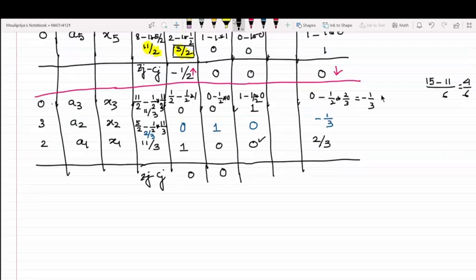Third column, 0. And here we have 4/3 minus 1. That is equal to 1/3. Right? Are we okay with the calculation of the index numbers?